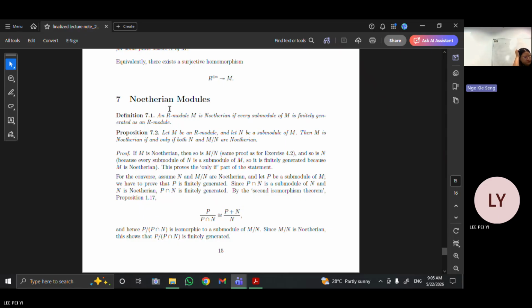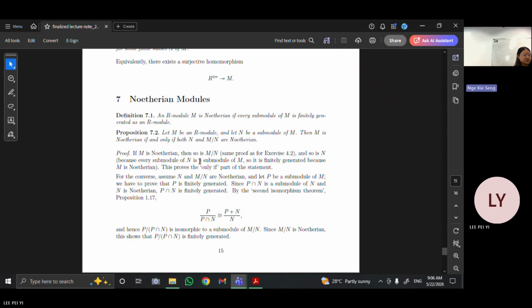So for the proof, suppose first that M is Noetherian, and every submodule of N is also a submodule of M, and hence every submodule of N is finitely generated, and so N is Noetherian. Similarly, a quotient module of a Noetherian module remains Noetherian.